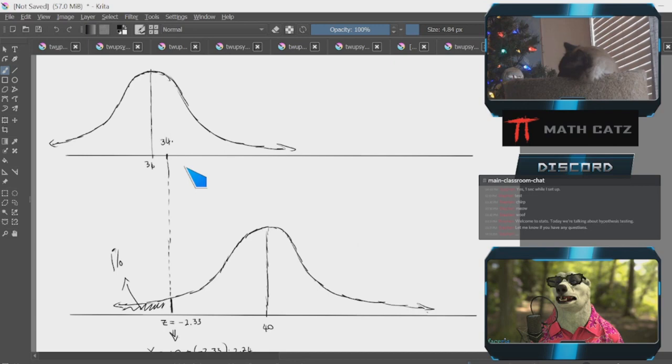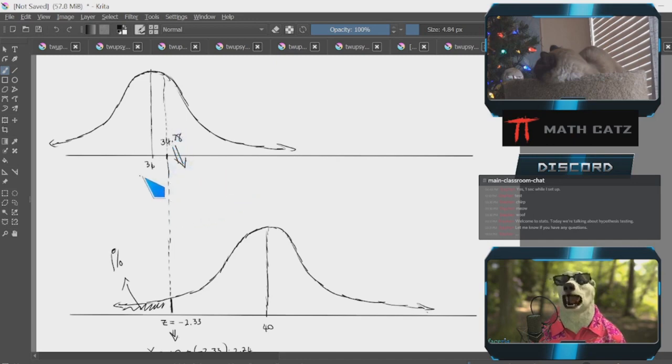So now we are going to reject the null hypothesis whenever we get a raw score to the left of this 34.78. And if it's shifted over here, this is going to be the correct decision to reject.